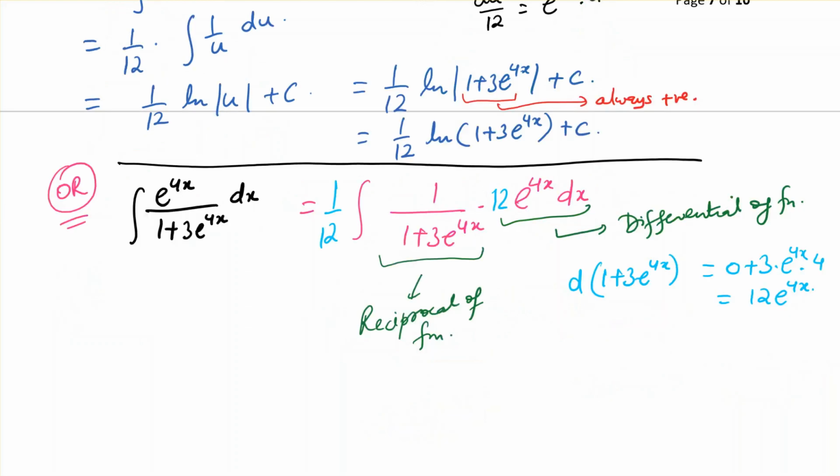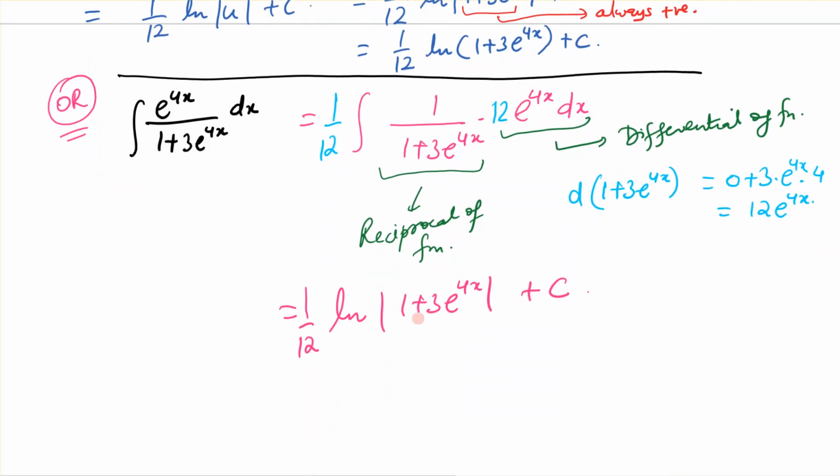And I know that the integral of this form would be 1 over 12 outside, ln of 1 plus 3 e raised to power 4x plus c. Again, we know that this expression is always positive, so you can just remove the absolute sign and rewrite this as ln of 1 plus 3 e raised to power 4x plus c.